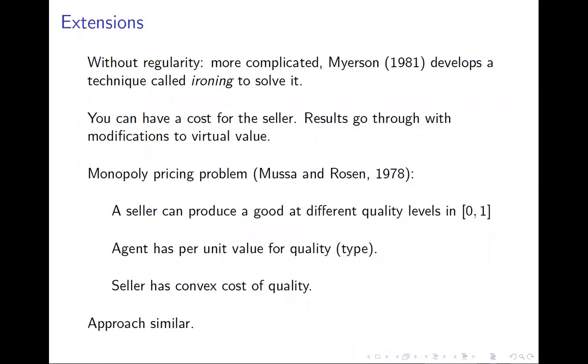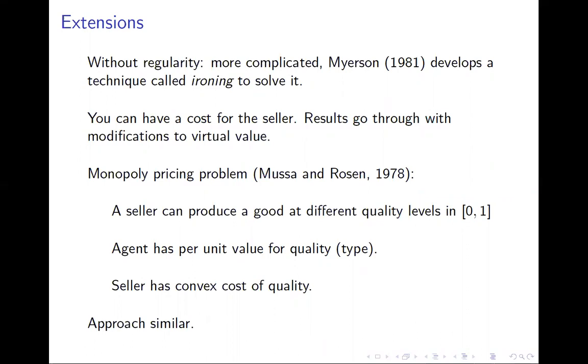Extensions. So what happens if the regularity is not satisfied? If the regularity is not satisfied, the problem is that the virtual value is no longer monotone. So what can happen is you allocated to the agent with the highest virtual value.